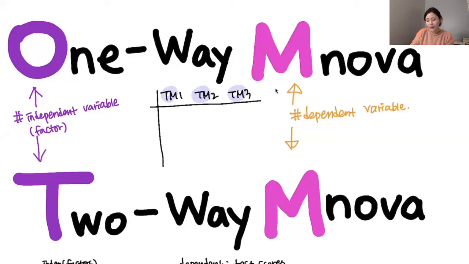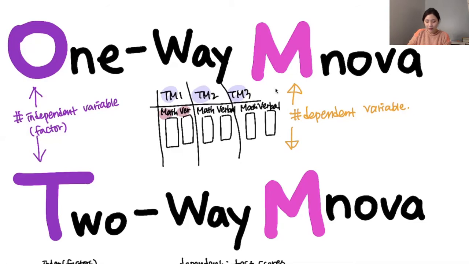And because we have a MANOVA, we need at least 2 dependent variables, for example math test score and verbal test score.